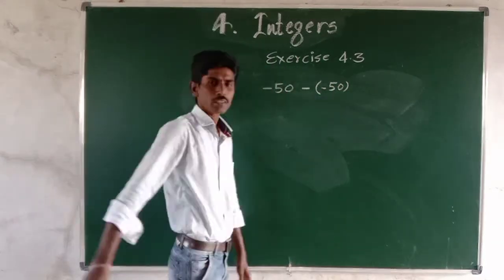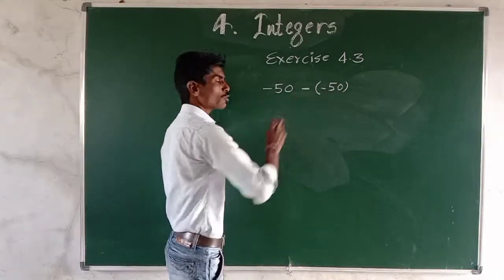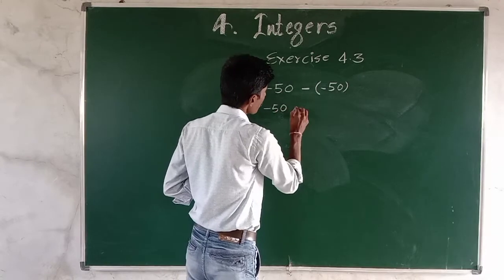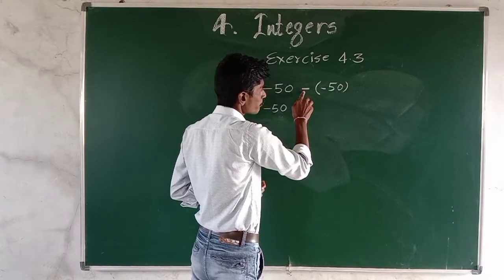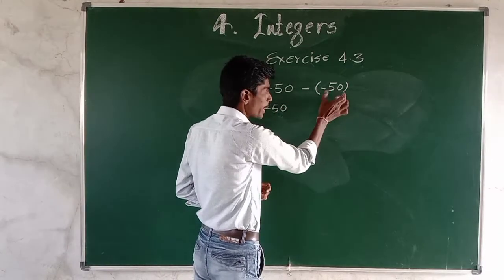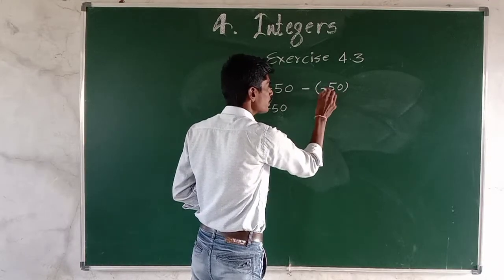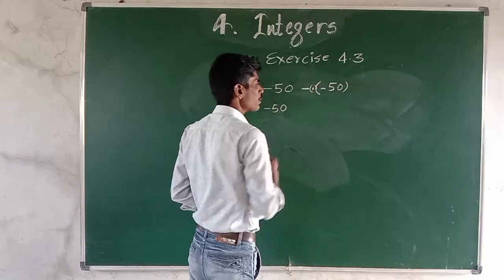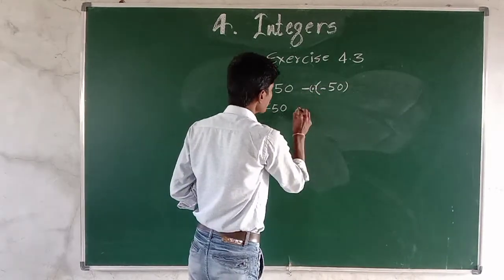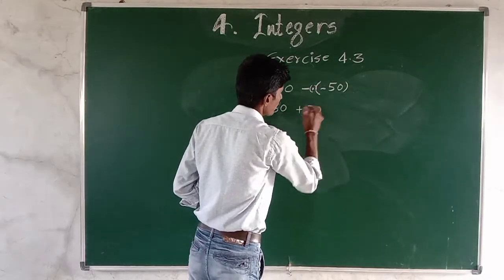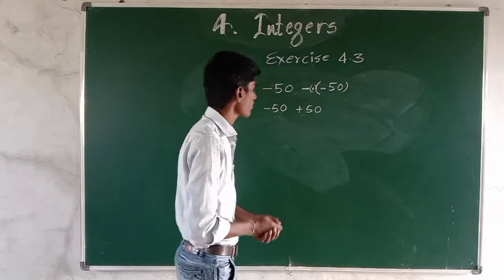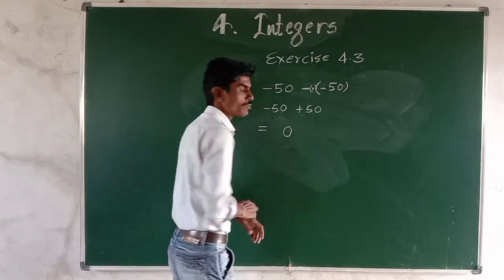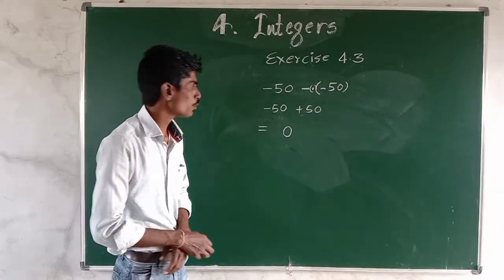This 50 has a minus sign, and this 50 also has a minus sign, but this minus is outside the bracket and this minus is inside the bracket, so there is a hidden sign, a multiplication. So minus into minus is a plus 50. Minus 50 plus 50, your answer will be 0.